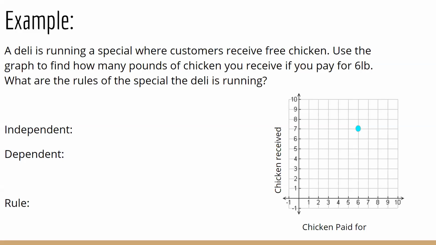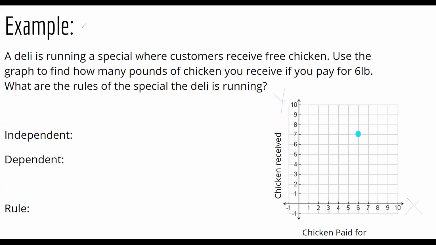First of all, thinking about my independent and my dependent variable, if in the last example I labeled this as X and this is Y and said that your X was your independent, so your independent is the chicken you paid for. If you read the question, you can think about that.